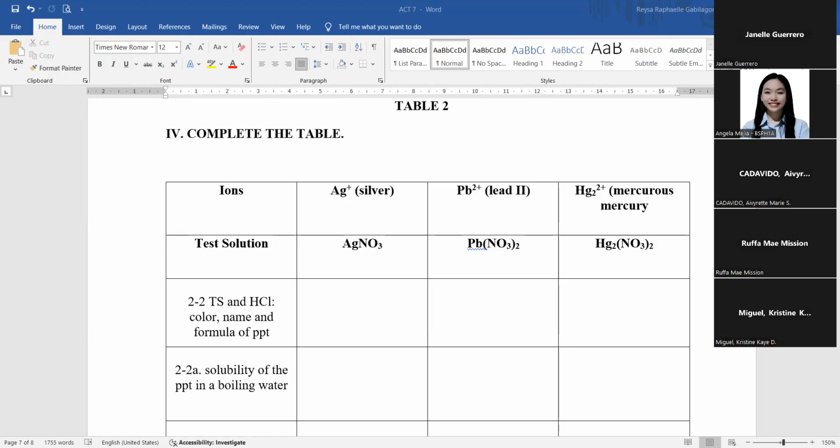Okay, let us start. So we have here the first part, the test solution. When you say test solution, these are silver nitrate, lead nitrate, and mercury nitrate.